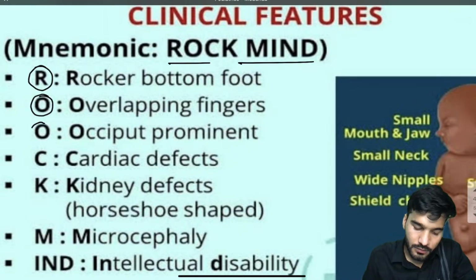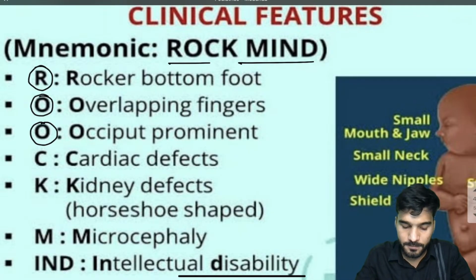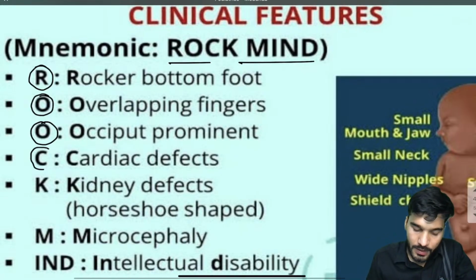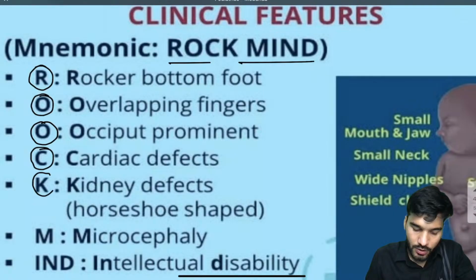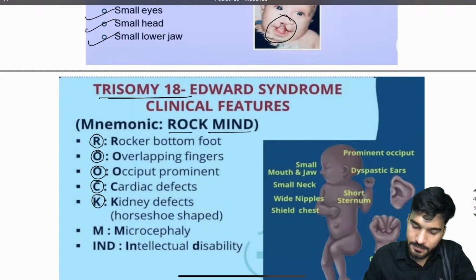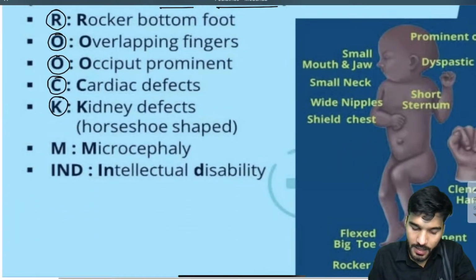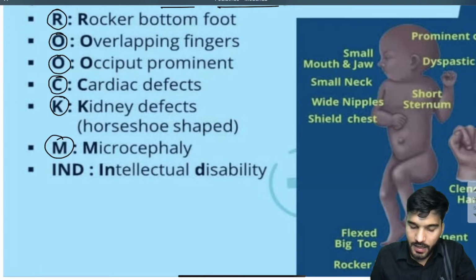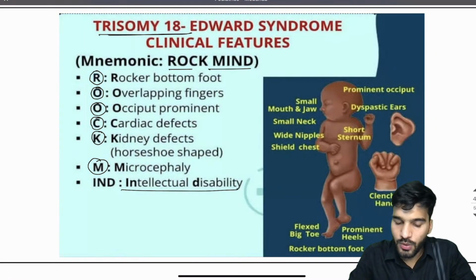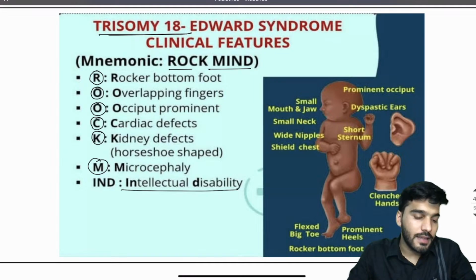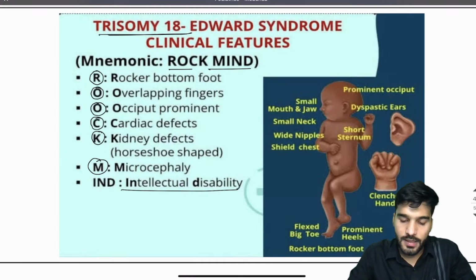O is occiput prominent. C is cardiac defects. K is kidney defects, horseshoe shaped. M is microcephaly, and I and D is intellectual disability.